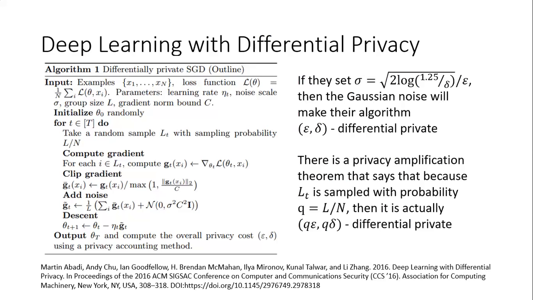The size here, I didn't talk about it, but they referenced something called the privacy implication theorem, where because they're taking a random sample with a sampling probability q, instead of epsilon, delta differentially private, it's q epsilon, q delta differentially private. So it might be applicable there.